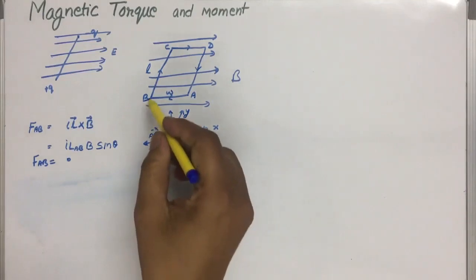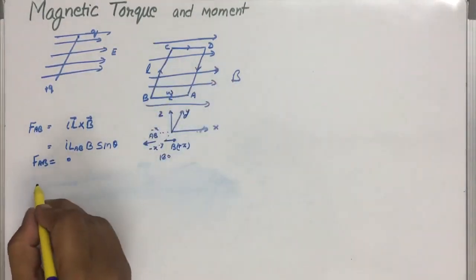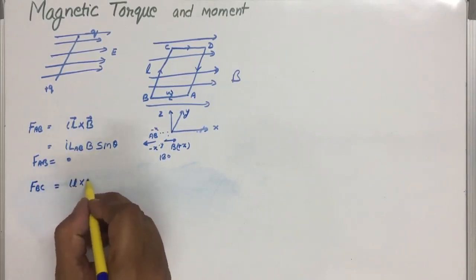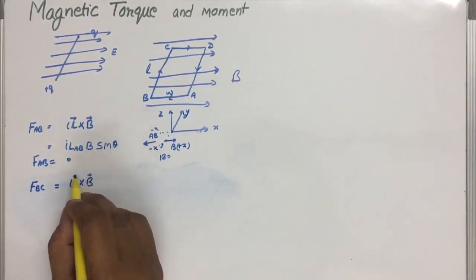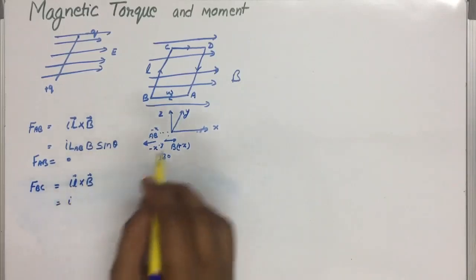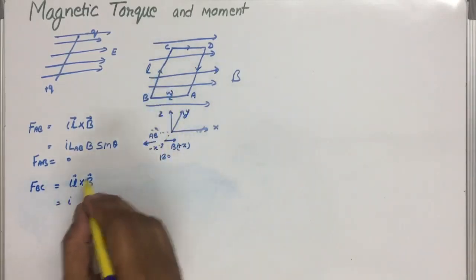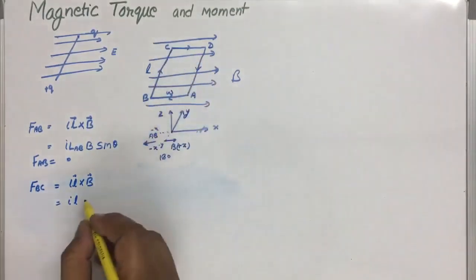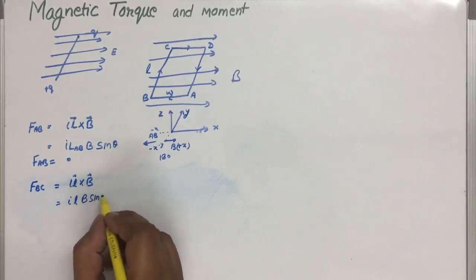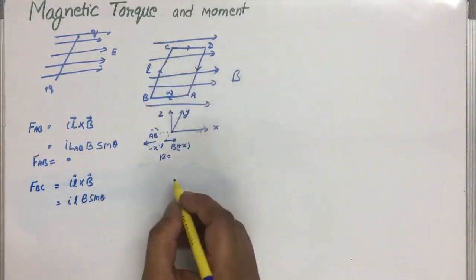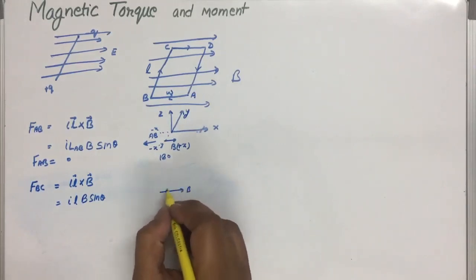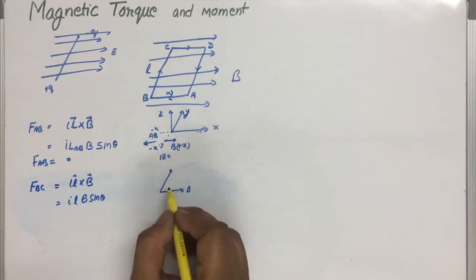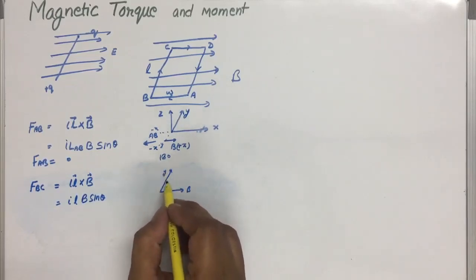The force acting on the part BC will be IL cross B. I is the same current that is flowing there, L BC is the length of this side, and B sine theta. Theta is the angle between B and BC. This is the y direction.